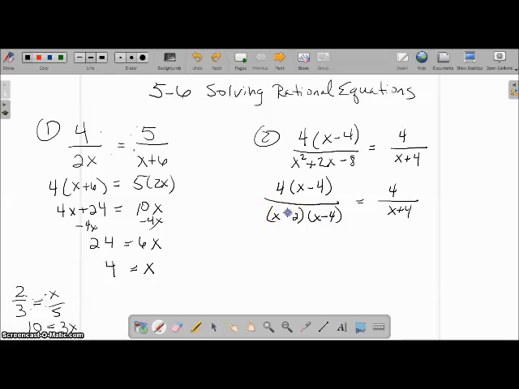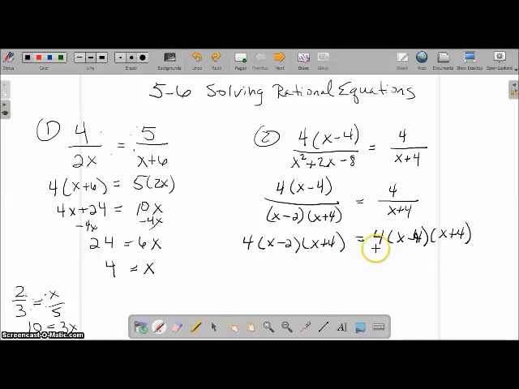The 4 is going to be positive, and the 2 is going to be negative. Okay, now we're going to do the cross multiplication. So it would be 4 times x minus 2 times x plus 4 equals 4 times x minus 4 times x plus 4.